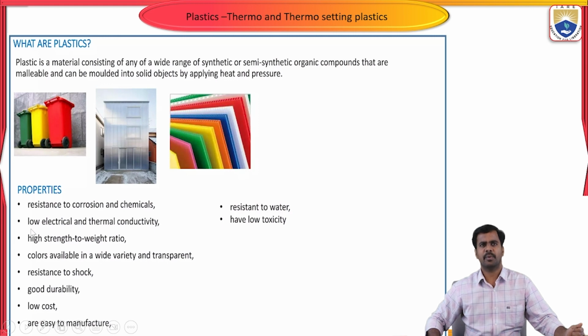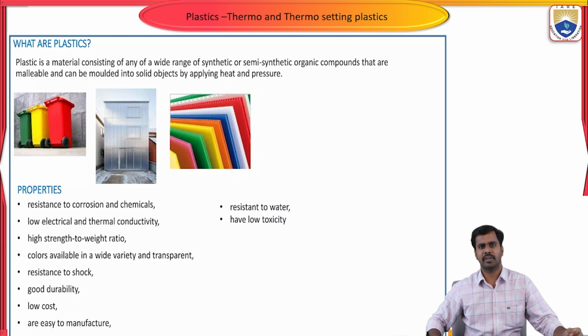And the next property is low electrical and thermal conductivity. So the conductivity of plastics is very low. Most of the plastics act as insulators. Next, high strength to weight ratio. Plastic has one more important property, that is high strength to weight ratio.